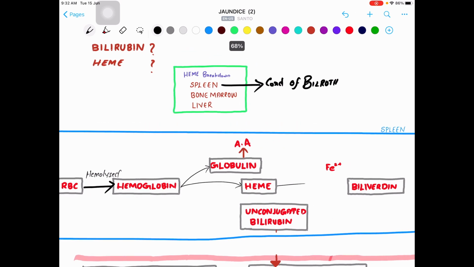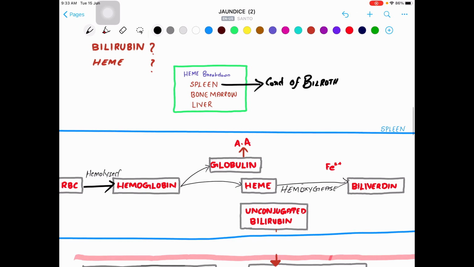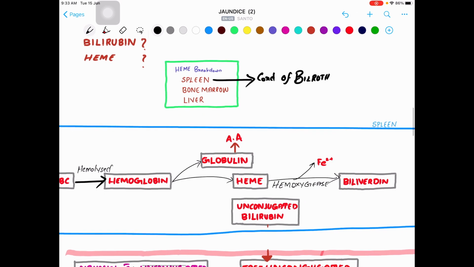Now let's focus on heme and what happens to heme. Heme, with the help of heme oxygenase enzyme, will be converted to iron and biliverdin. Remember, it's biliverdin. Iron and biliverdin.